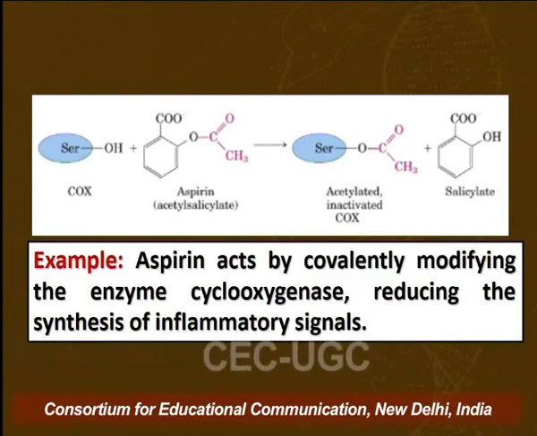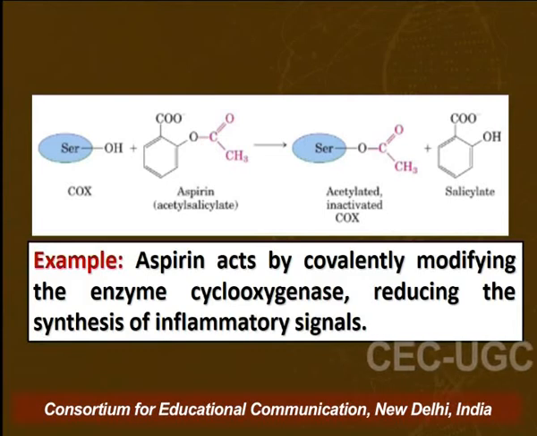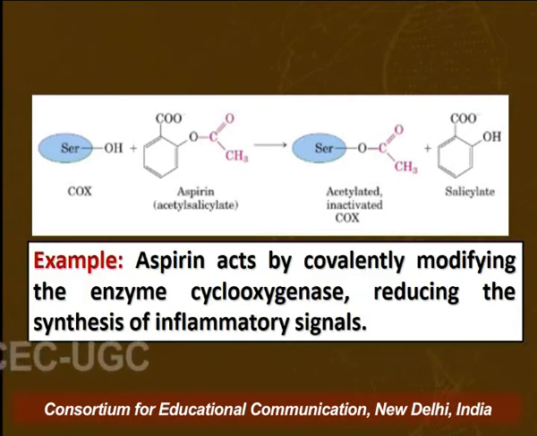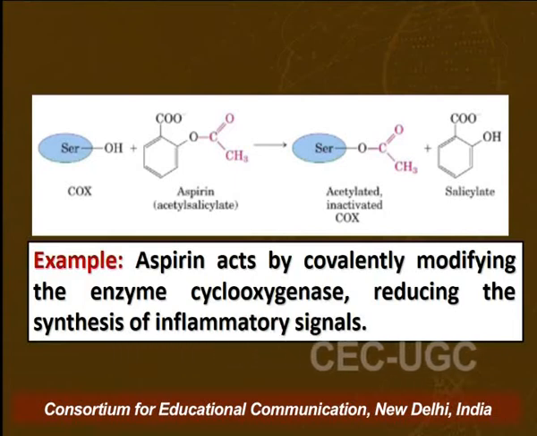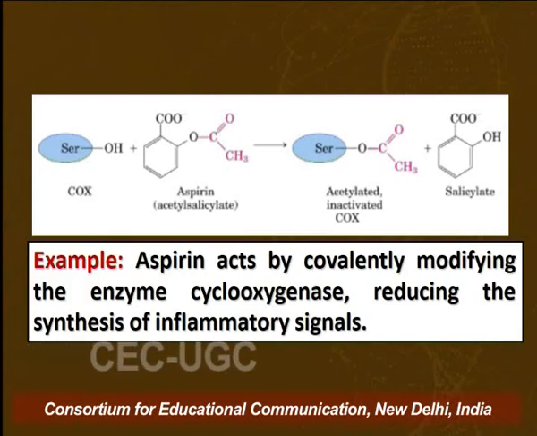The aspirin comes and binds to that particular enzyme active site, thereby producing the reaction, and subsequently the reactive intermediate which is formed inactivates that reaction and blocks the reaction process.